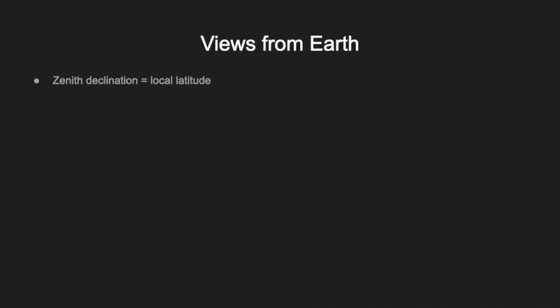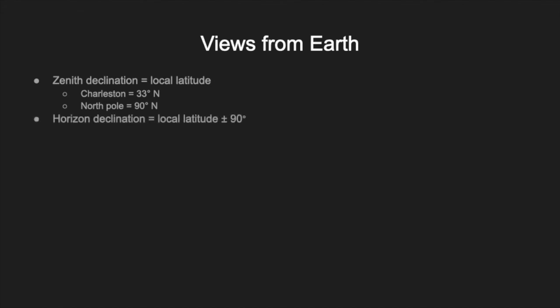If you ever want to study a star that goes directly overhead, it needs to have a declination of plus 33 degrees. The North Pole is at 90 degrees north, so therefore the zenith at the North Pole is a declination of 90, which is the North Celestial Pole.